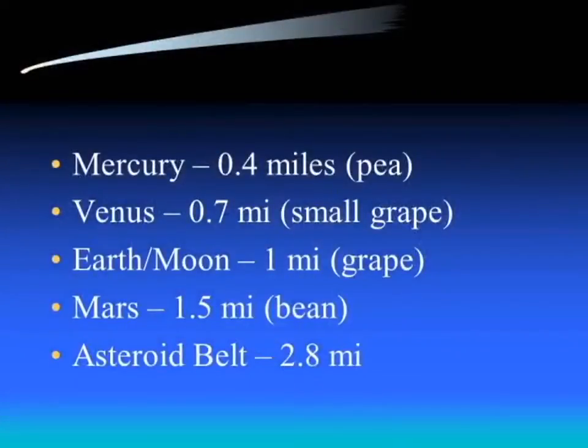Now, we have 8 planets: Mercury, Venus, Earth, Mars, Jupiter, Saturn, Uranus, and Neptune. So those are the order of the planets coming out. Well, if you would walk about 0.4 miles out and become the size of a pea, then that's looking at Mercury. So think what a nice little green pea is in terms of that size, and that's the planet Mercury.